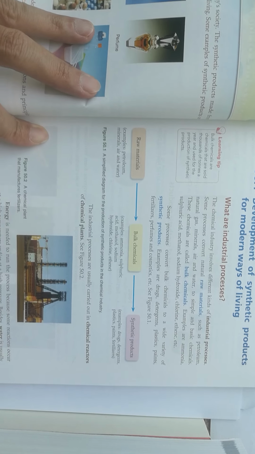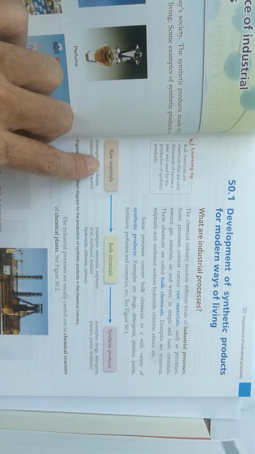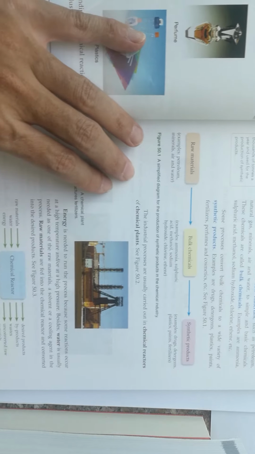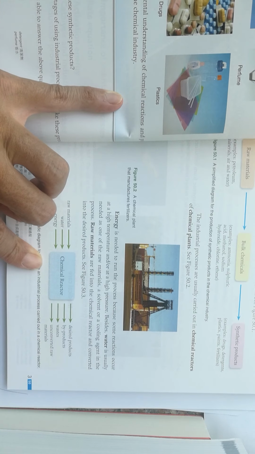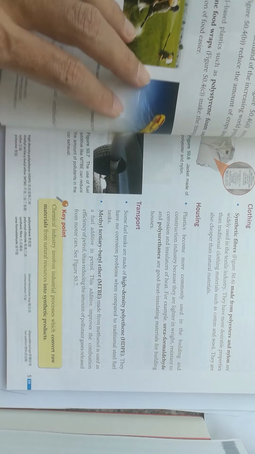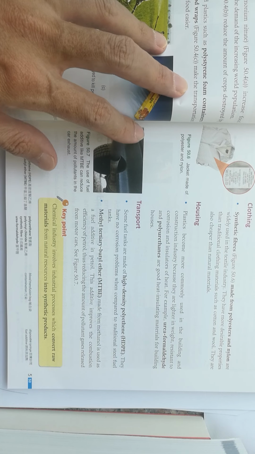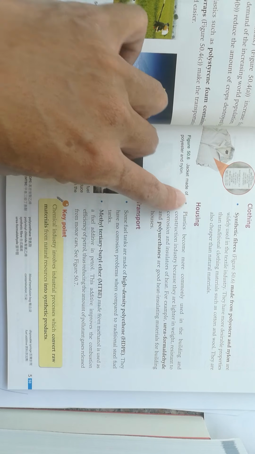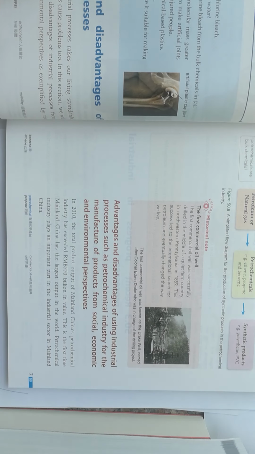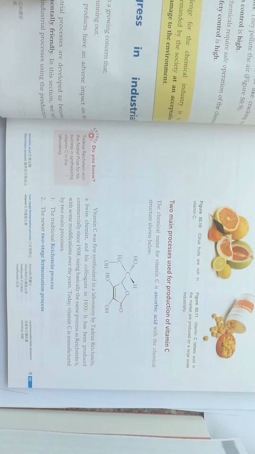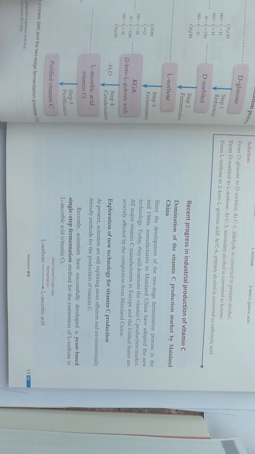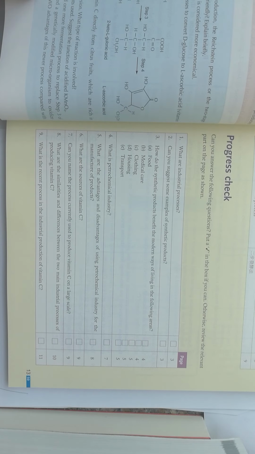When you look at part 1, 50.1, there are words: raw materials, bulk chemicals, synthetic products, reactors, and food, clothing, transport, housing, and medical care. And then part 3 is about vitamin C. And then finish. Okay.